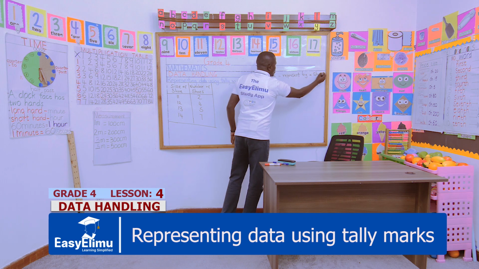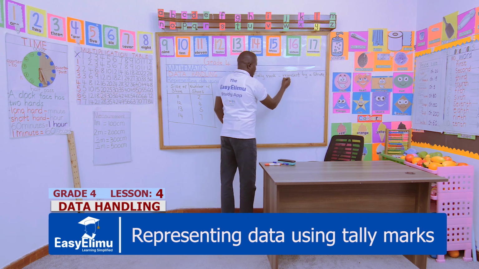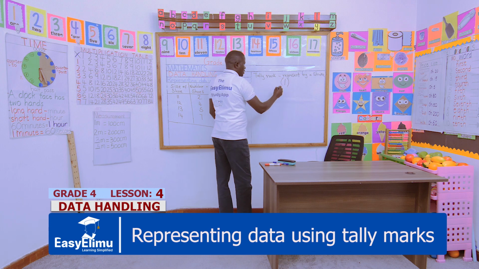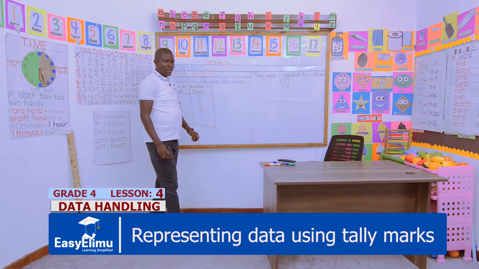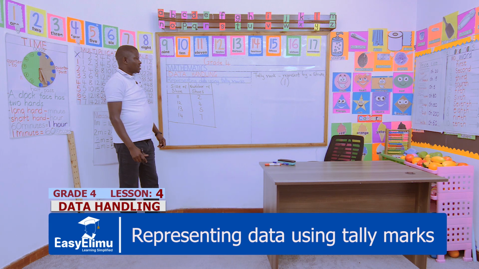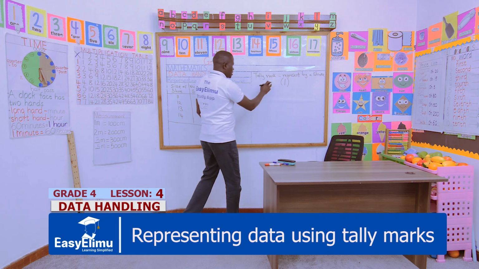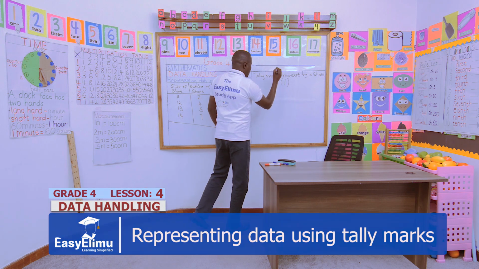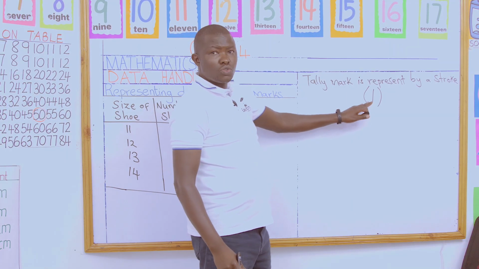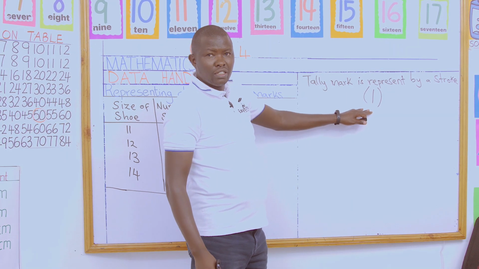And this stroke should be vertical, like this. That is the tally mark. Tally mark is represented by a stroke, and we write this stroke in a vertical way.